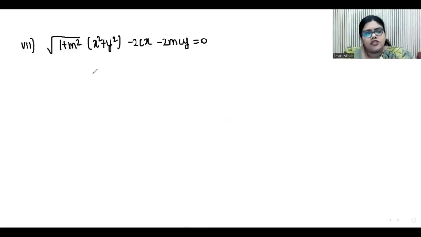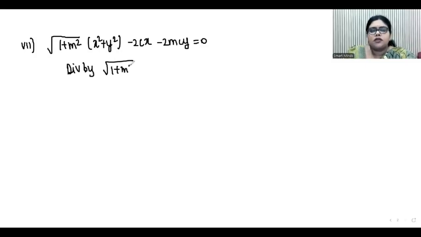Take the next question. √(1 + m²)(x² + y²) − 2cx − 2mcy = 0. First you have to divide by √(1 + m²) because the coefficient of x² and y² is √(1 + m²).